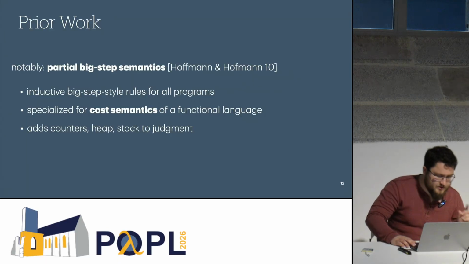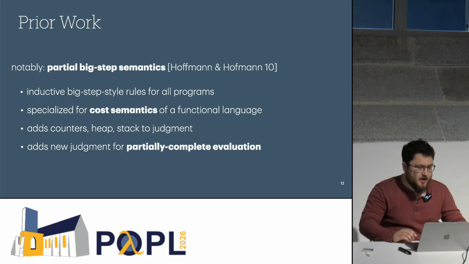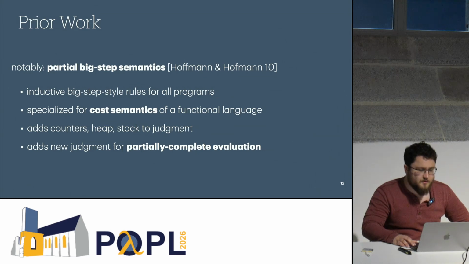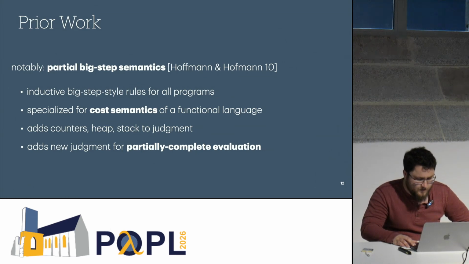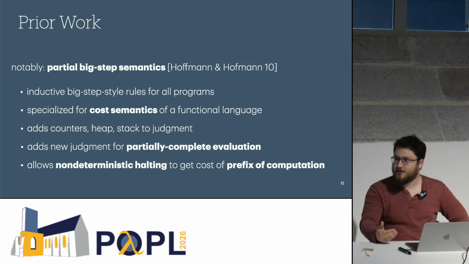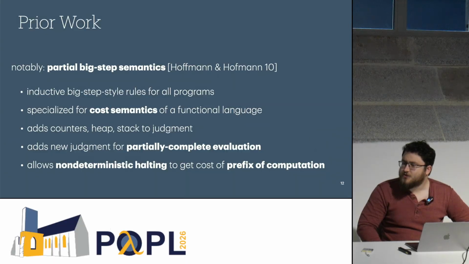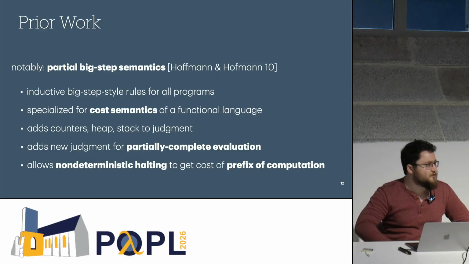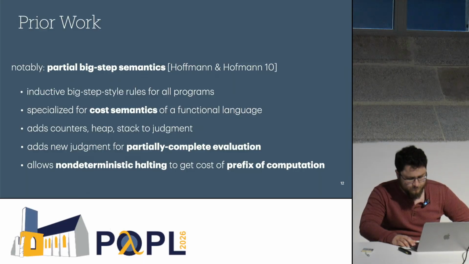Instead, what this approach does is it adds a whole new specialized judgment to represent a partially complete evaluation. And then the semantics allows non-deterministic halting with this new judgment, so that a program can sort of stop at any point and recount the cost it has accumulated so far.